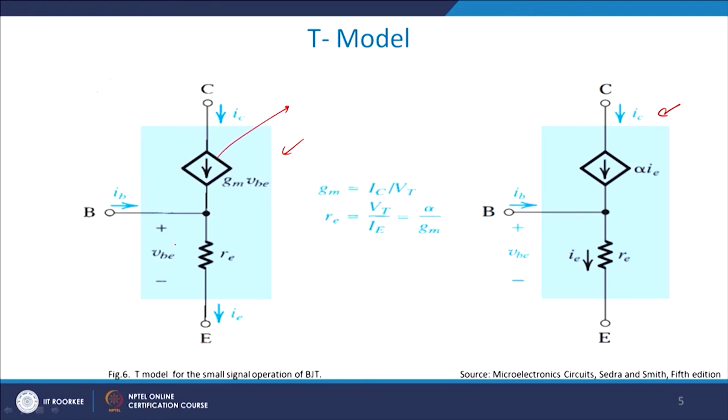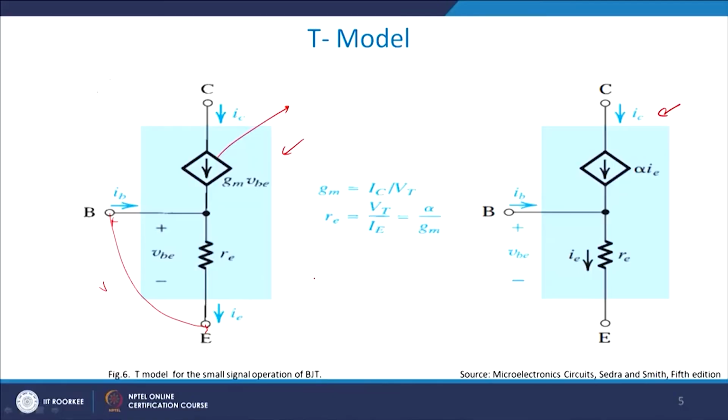What I am trying to tell you is that your base emitter voltage VBE starts to change the value of the current flowing through the collector, and that is therefore a controlled current source. So basically it is a current controlled current source, because IB will change the value of IC, and therefore it is known as a current controlled current source.